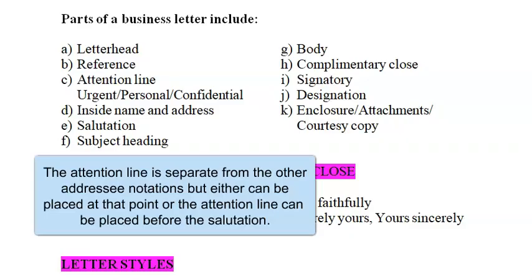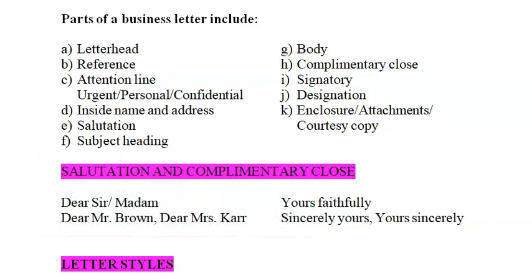You can have urgent, personal, or confidential. All right. Inside name and address, salutation, subject heading, the body, the complimentary close, the signatory, the designation, and the enclosure, attachment or courtesy copy. And that's the order that it comes in.